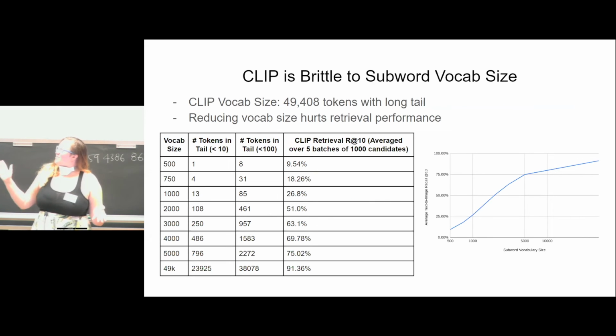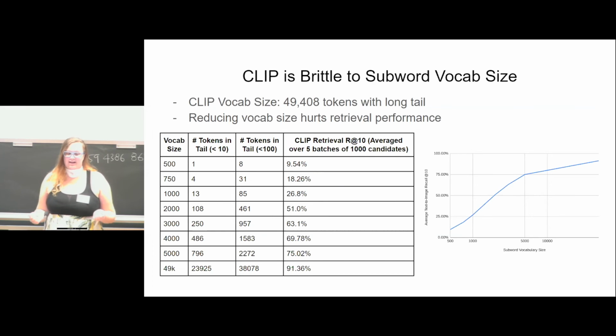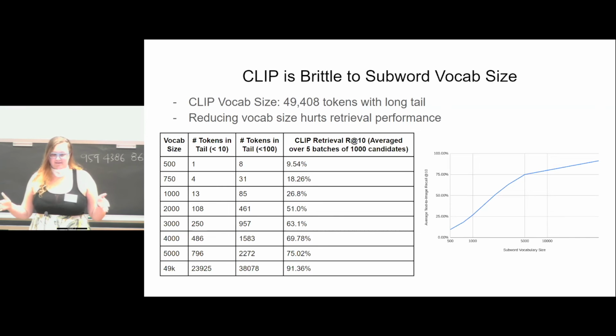The second obstacle that we run into is that CLIP is highly brittle to the subword vocabulary size. So the default subword vocabulary size for CLIP is over 49,000 tokens with an extremely long tail of over 38,000 tokens appearing less than 100 times in the Librispeech LM training data and nearly 24,000 tokens appearing less than 10 times.